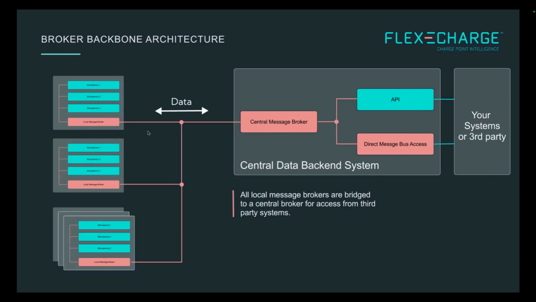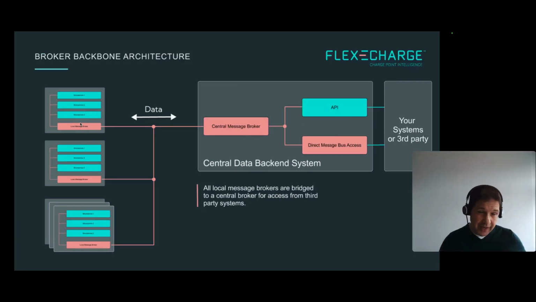Or the power meter data, or the charging profile, whatever, everything that is happening locally here. And since there is a local broker which basically aggregates everything and routes all the messages locally, that's all the information you can ever get, and you get it all centrally. And that data can not only flow in one direction, from the microservice stacks towards your own data lake or a third-party system, or you just want to access it through the API, but it can also go the other way around.